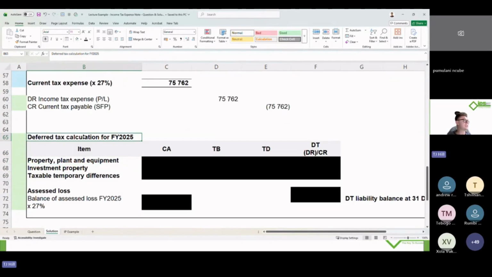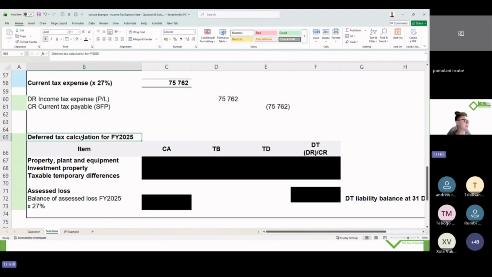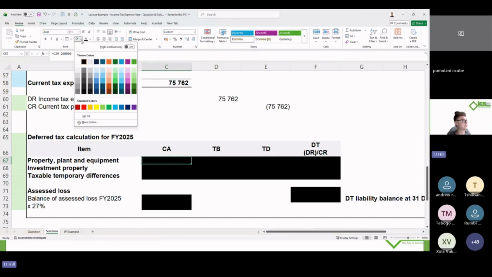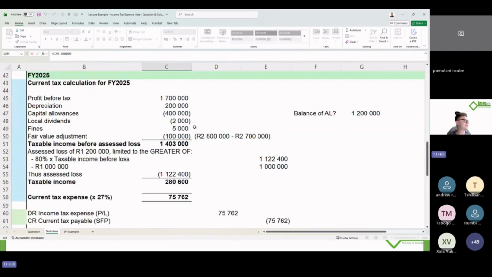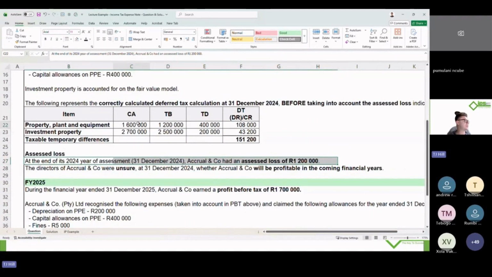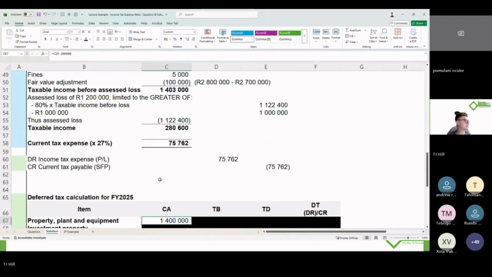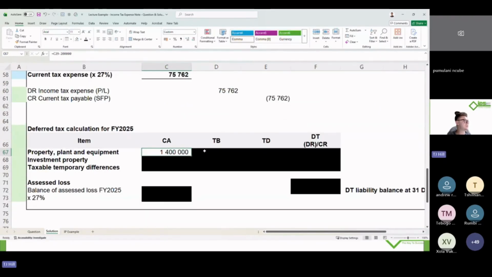Now I'm doing my deferred tax. I've passed my accounting journal based on my tax return. Now I go and do my deferred tax. Okay, I'll calculate my carrying amount, which is quite easy. They gave me last year's balance, 1.6. They told me I've depreciated 200. So it's 1.6 minus 200.